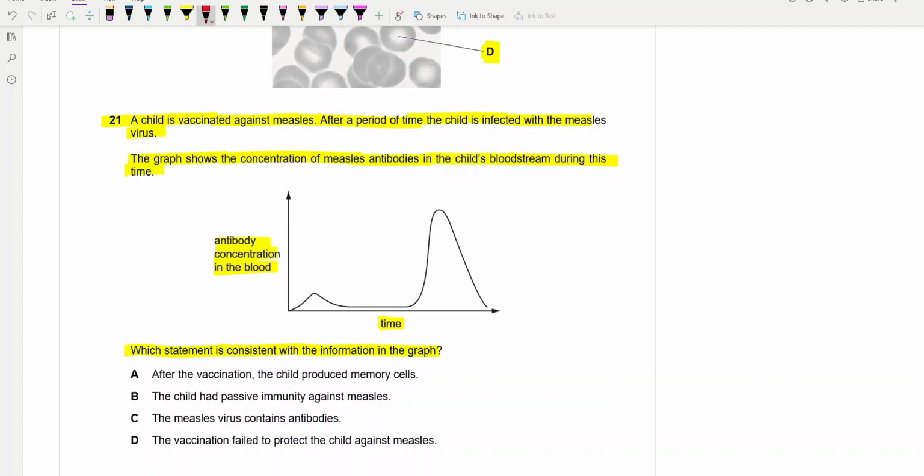Option A says after the vaccination, the child produced memory cells, which seems correct. Option B says the child has had passive immunity against measles, which is wrong. Option C says the measles virus contains antibodies, which is wrong. Option D says the vaccination failed to protect the child against measles, which is wrong as antibodies are produced. So the correct option would be option A.